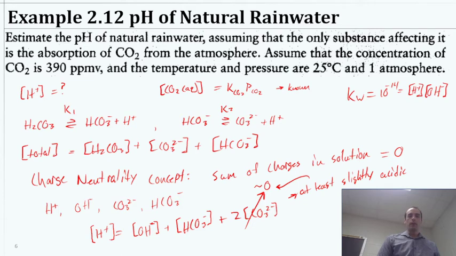When we were talking about the pH of natural rainwater, I introduced that charge neutrality concept, and we said in that very simple case, we just had the H plus as the only positively charged thing in solution.